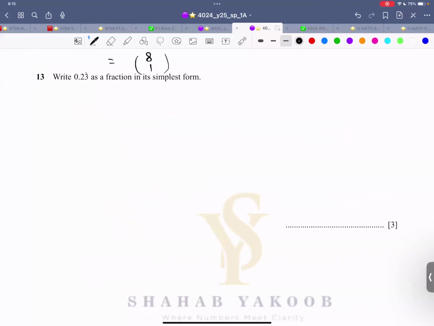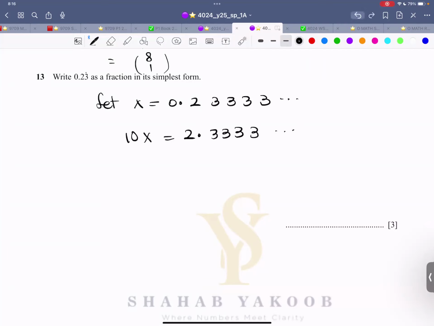So let me write, let x equal 0.2333 and so on. If I write 10x, that is 2.3333 and so on. Now, if I do the subtraction, these two are not the same. So this one and this one, it's not the same.